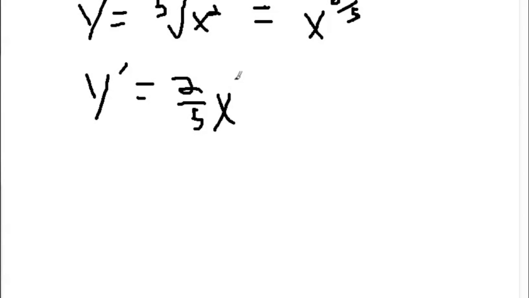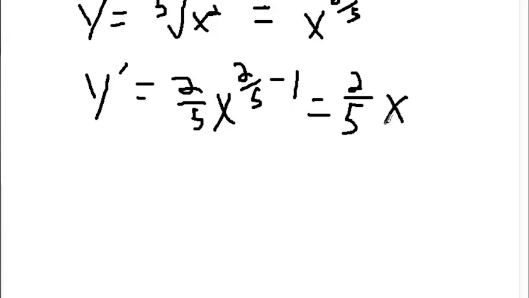By now, you should be able to recognize that this comes out to 2/5 x to the 2/5 minus 1. So this gets us 2/5 x to the minus 3/5.